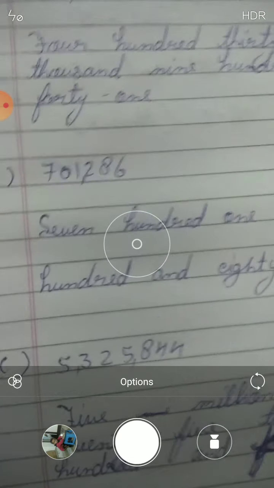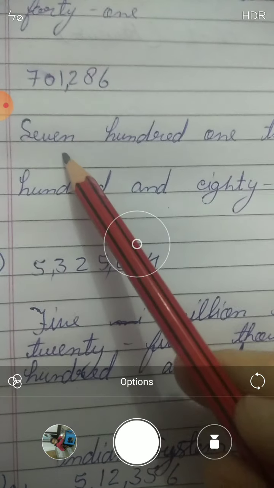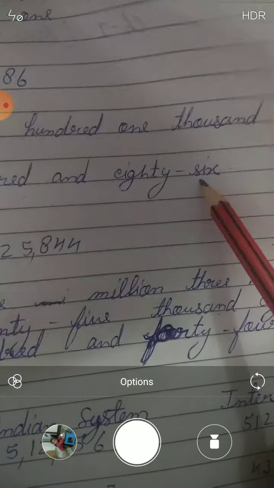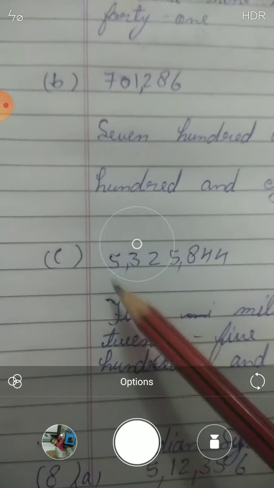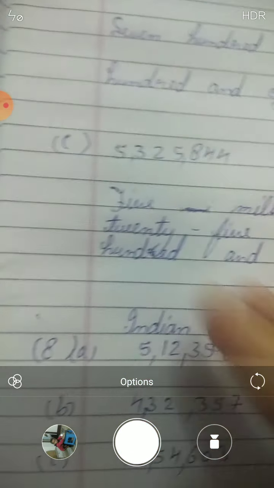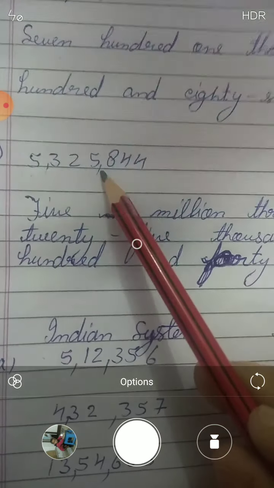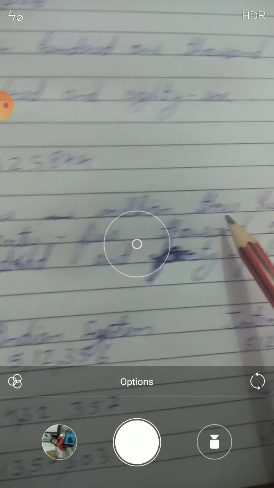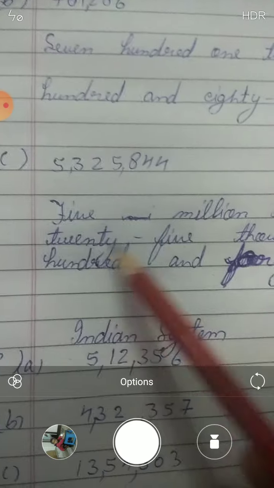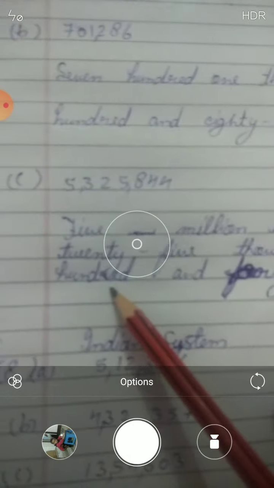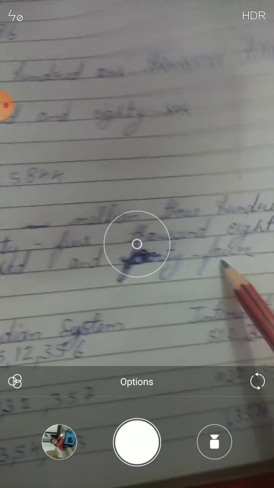Put the commas, and then we will start: 701,286. C part is here: 5 million. After putting commas, 5,320,000, 5,844.